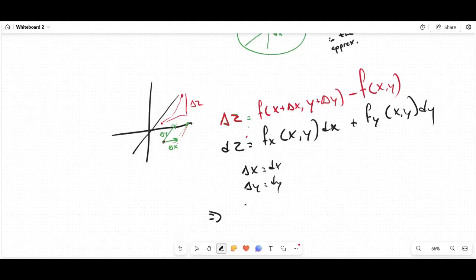Then this implies dz is roughly equal to delta z if f is differentiable.